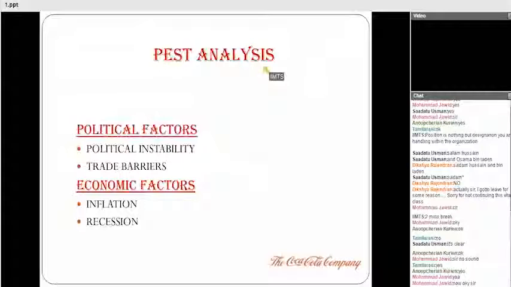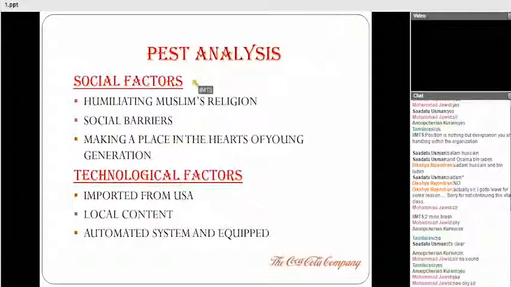PEST analysis, that means political factors, economic factors, that means inflation, recession. Political factors mean political instability and trade barriers. Social factors, that means respecting the Muslim religion, social barriers, making a place in the hearts of the young generation.